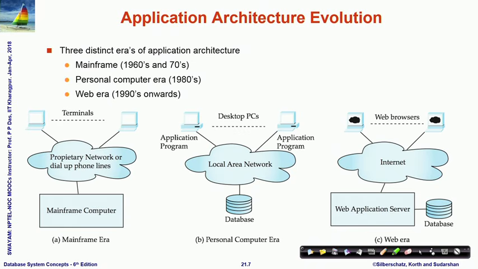I must tell you at this point that when we say this is the architecture, it does not necessarily mean that the cloud shown as internet has to be the web.